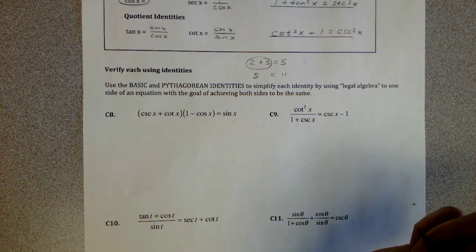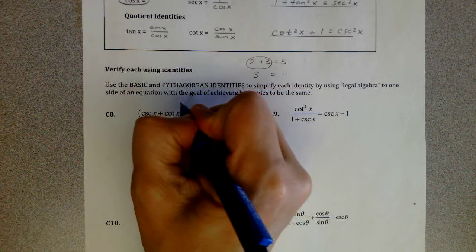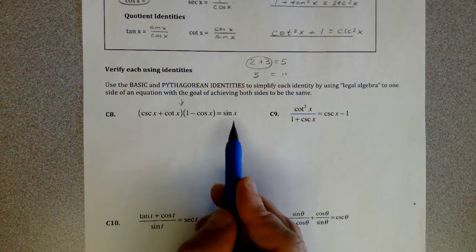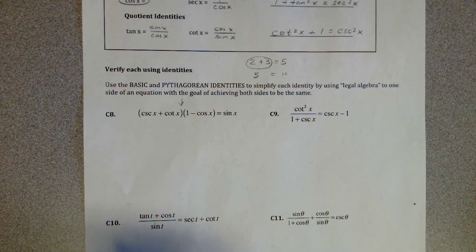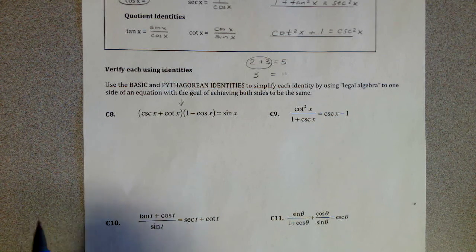That's key. So if we start here in example 8, the first thing we're going to do is choose the more complicated side, which is going to be this left side. Our goal is to work with that until we get to sine of x. Given 2 sets of parentheses, I would recommend probably foiling.